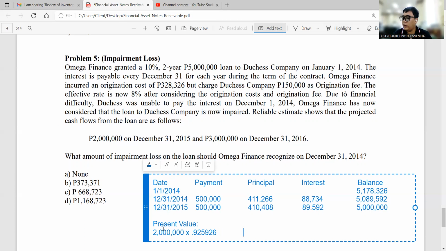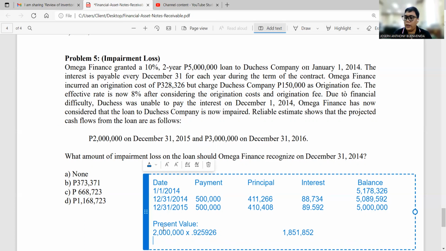Okay, so yung value niya is 1,851,852. Then the value for the 3 million multiplied by the present value factor ng 0.793832, 339.